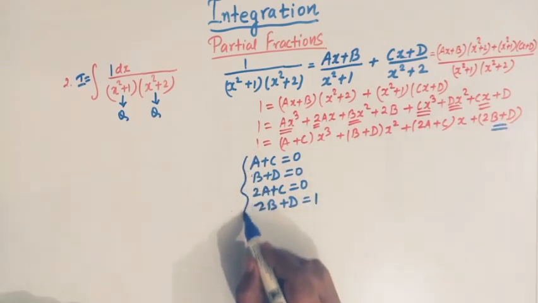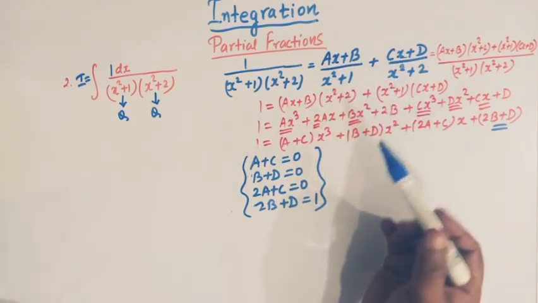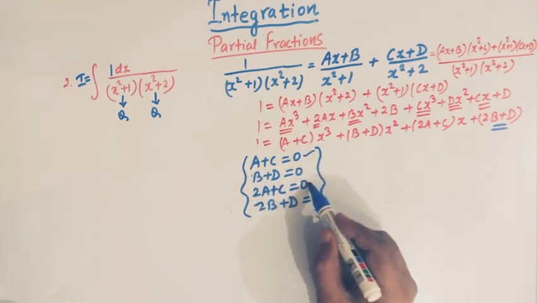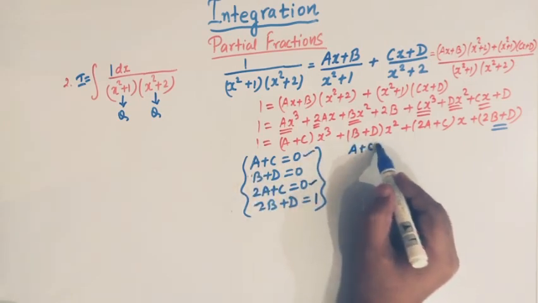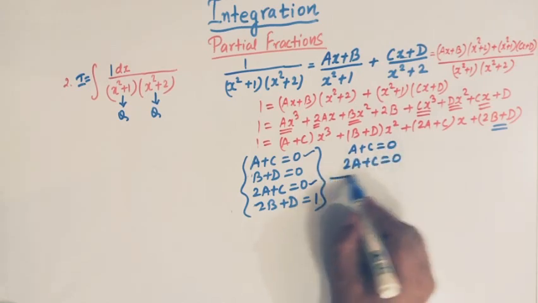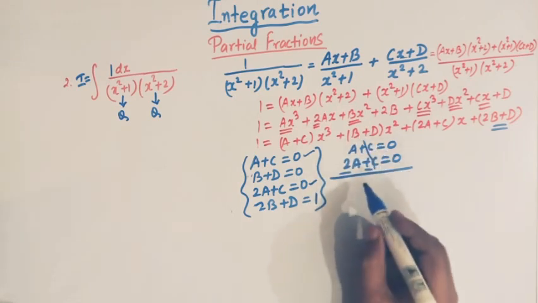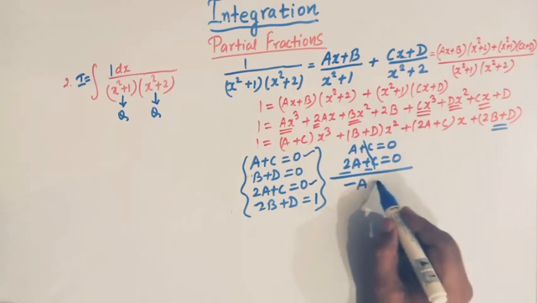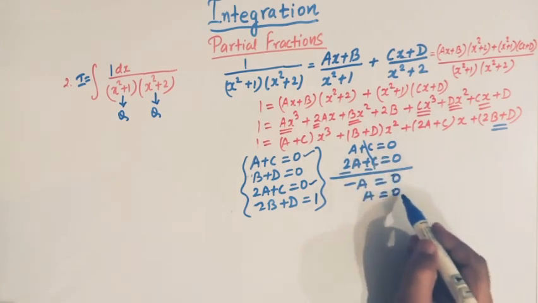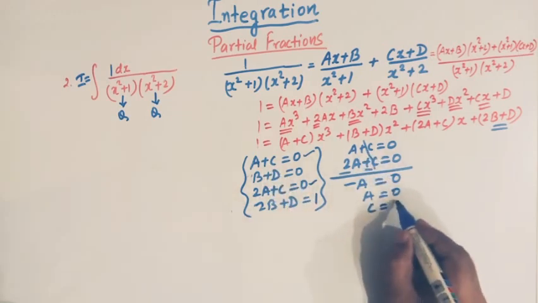Now here we have 4 equations, and we have 4 variables to calculate. So first we will solve these two equations, that is a plus c is 0 and 2a plus c is equal to 0. If we subtract these two equations, then c cancels, and we have minus a is equal to 0, so a is 0, and if we substitute a equal to 0 here, then c becomes 0.